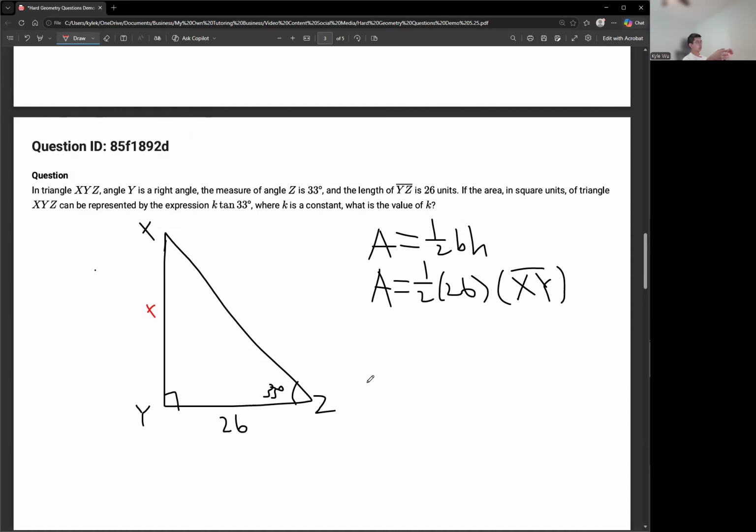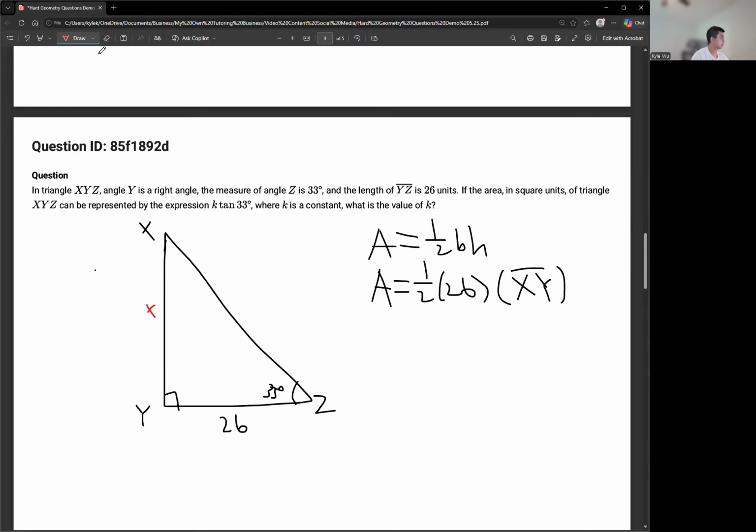Which of your three trig functions, sine, cosine, and tangent, capture the relationship between this 33, the 26, and x? Well, sine is opposite over hypotenuse. We don't need the hypotenuse here, so not sine. Cosine is adjacent over hypotenuse. Again, we don't need the hypotenuse. But tangent is opposite over adjacent.